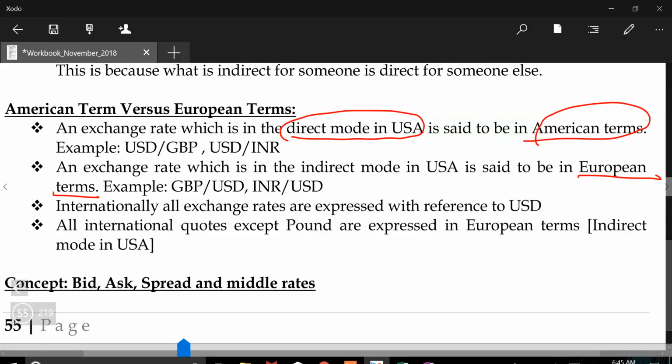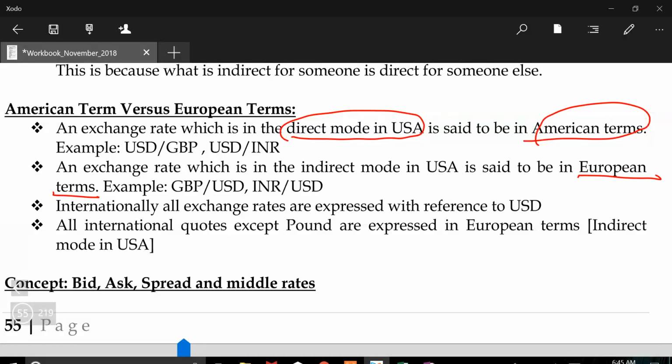So USD per GBP, USD per INR is called an American term quote, and the other one is called a European term quote. Clear? Any quote which is in direct mode in USA is technically called an American term quote. Any quote which is in indirect mode in USA is technically called a European quote.